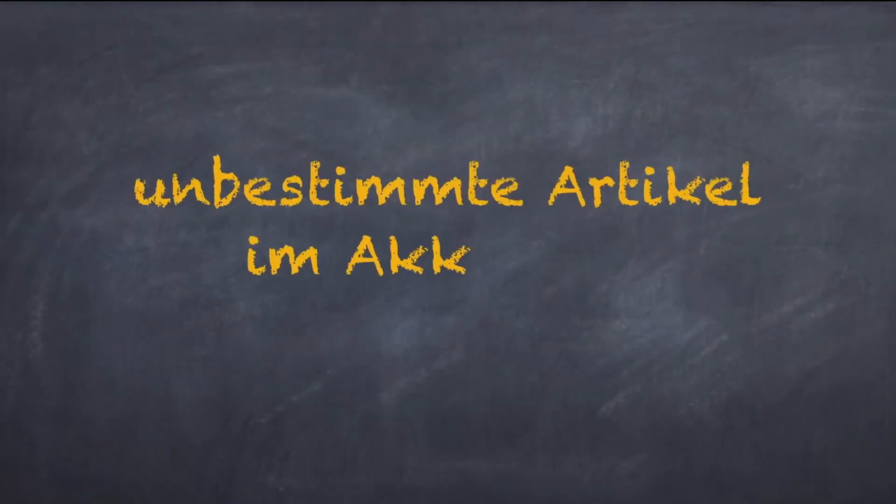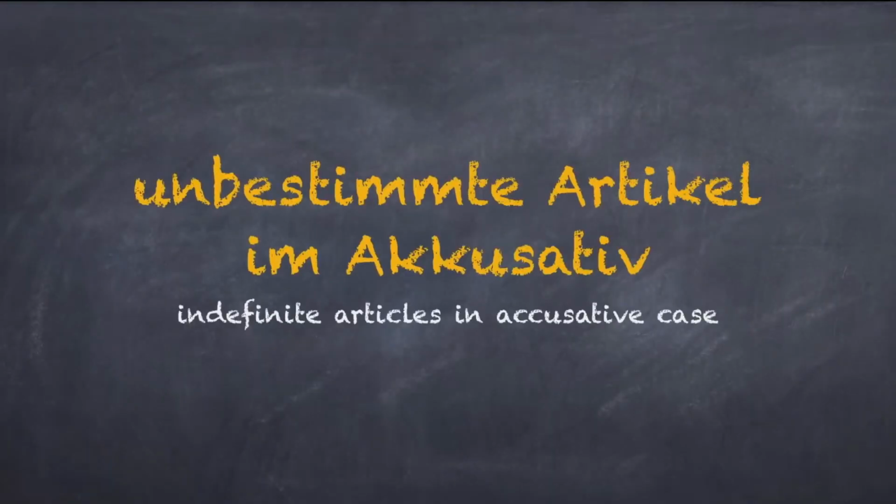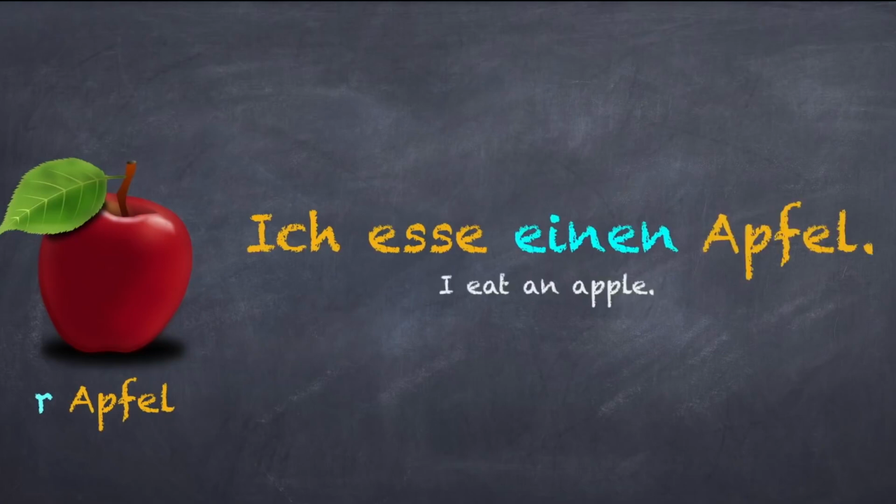Now, let's move on. Unbestimmte Artikel im Accusativ. If you don't remember about unbestimmte Artikel, you can check out our video on unbestimmte Artikel im Nominativ. Ich esse einen Apfel.